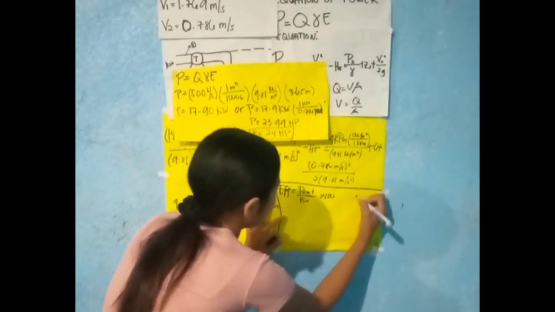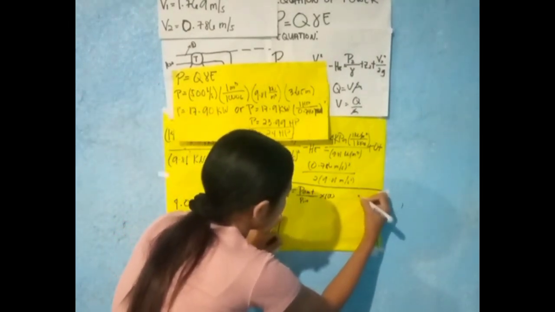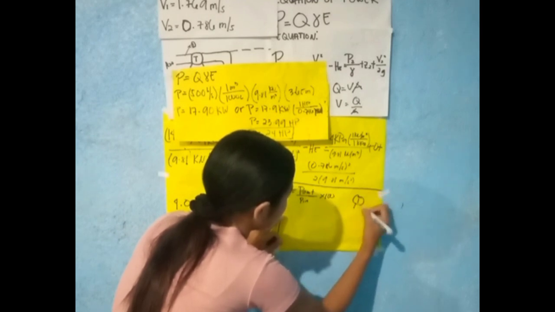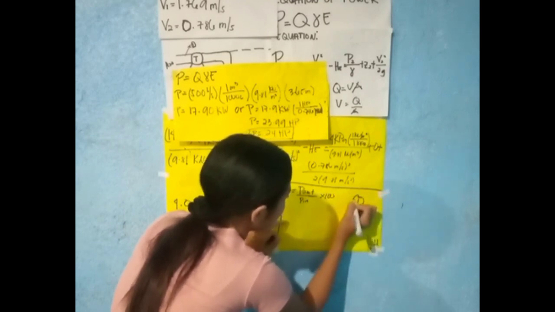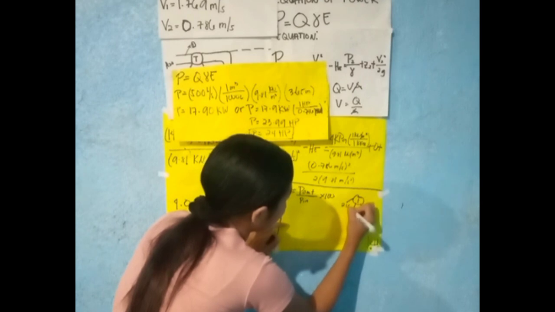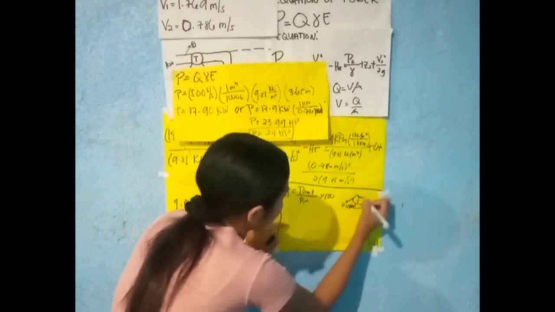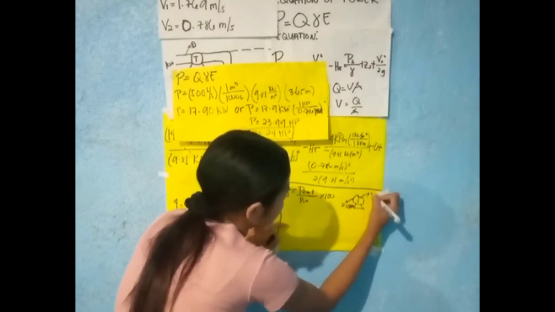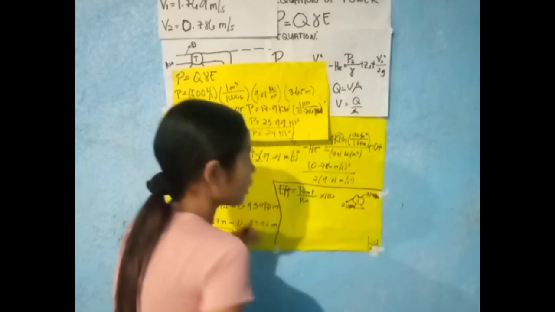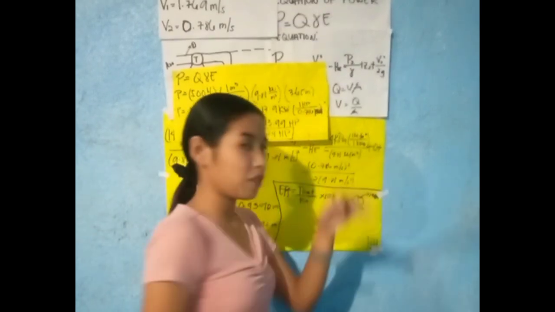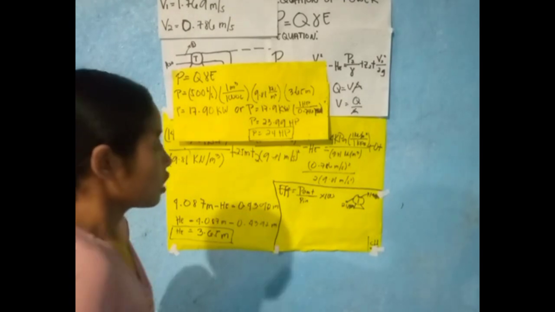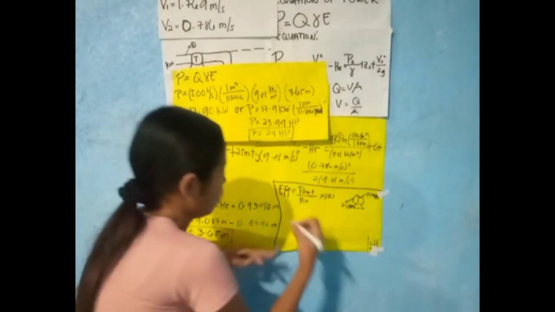Example, this is our motor, this is our turbine. The P in here is 24 horsepower and the P out is 19 horsepower only. So, not all of the 24 horsepower is converted into electricity.